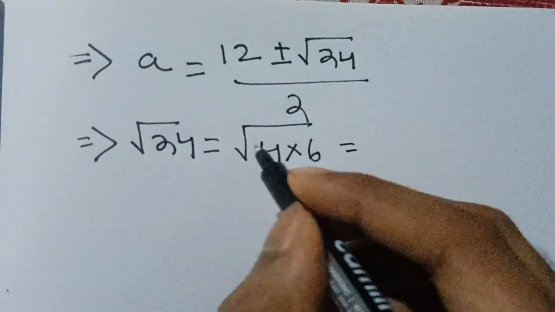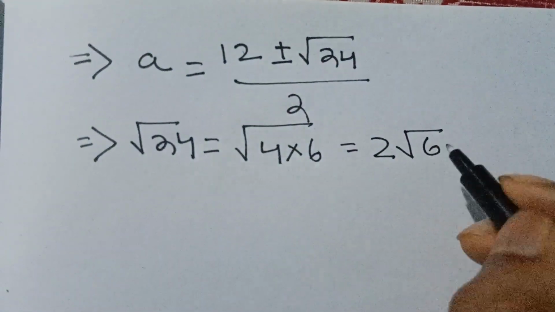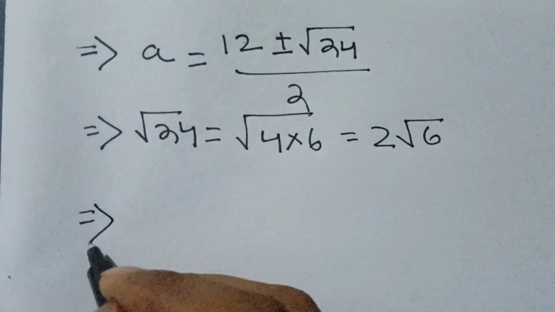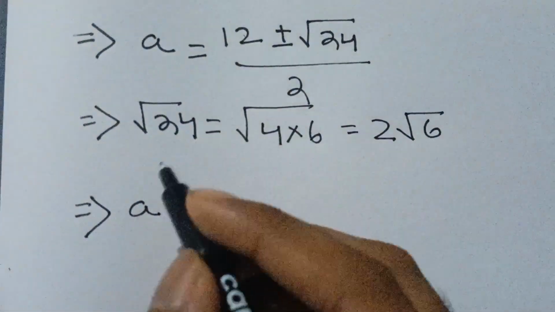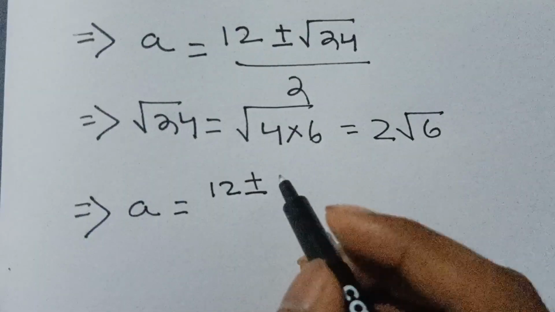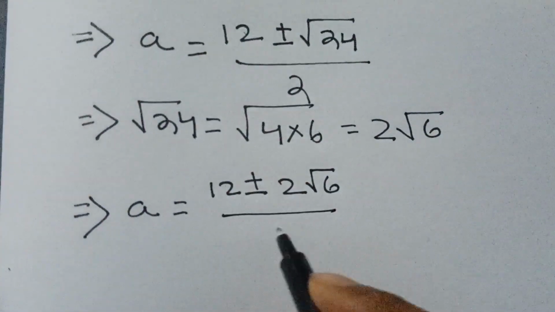Root of 4 is 2, so that will be 2 root 6. So a is equal to 12 plus or minus 2 root 6, divided by 2.